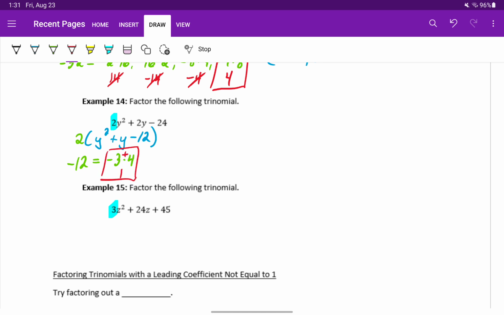So that's the pair we're after. If you don't get that pair in your first guess, we just continue to try combinations until we get the right one. But in this case, we could factor this as 2 times y minus 3 times y plus 4. And since we factored out that 2 at the beginning, it's absolutely critical that we still include that in there so that we haven't changed our problem.